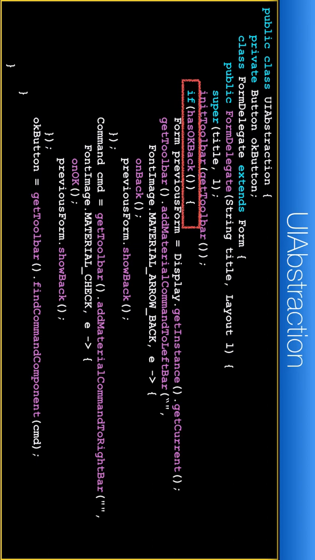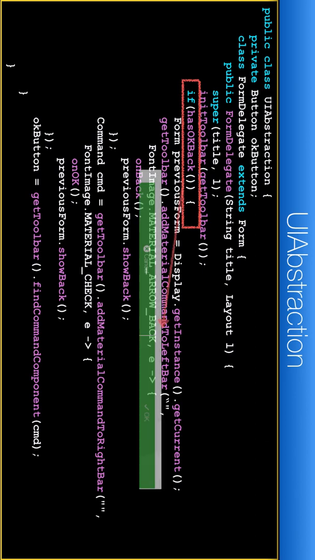Since many forms have an OK cancel pair of buttons, I generalize that code, so if a UI abstraction subclass overrides this method to return true, we add an OK or cancel. This allows us to have toolbar commands in regular forms and OK cancel buttons in tablet mode.